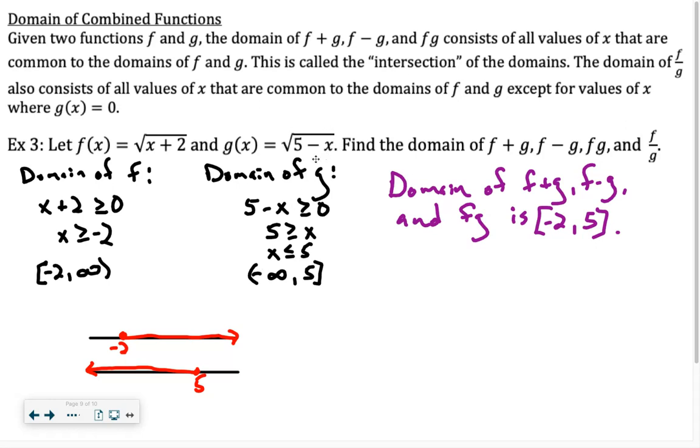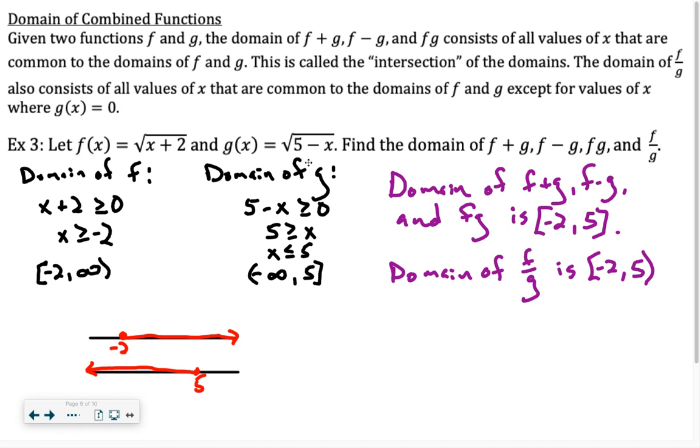So here, if I'm looking at this function, right, we want to say, well, this cannot equal 0. So it's pretty easy to see in this case that 5 would make this equal to 0, which means we would just have to exclude 5. So we would say the domain of f divided by g is negative 2 to 5, not including 5. Right? We're just excluding that one value.